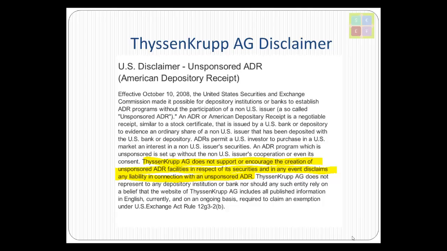And here we see this German firm, ThyssenKrupp, has a disclaimer. And as you can see, the highlighted part says that ThyssenKrupp AG does not support or encourage the creation of unsponsored ADR facilities in respect of its securities, and in any event disclaims any liability in connection with an unsponsored ADR.